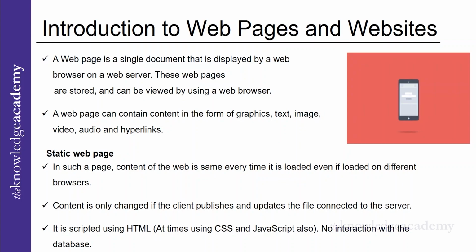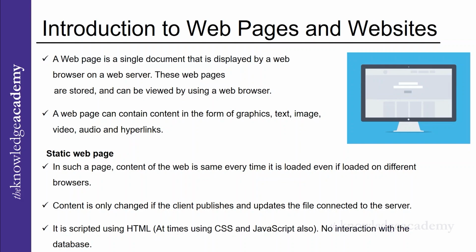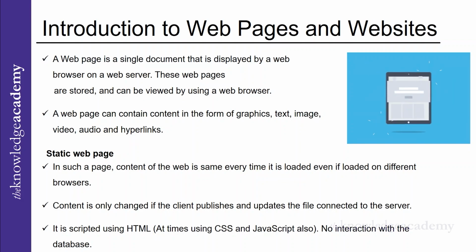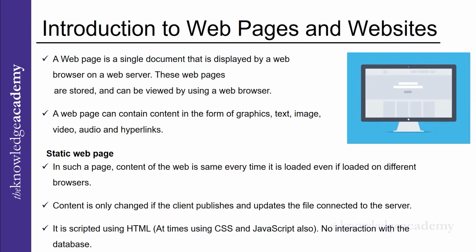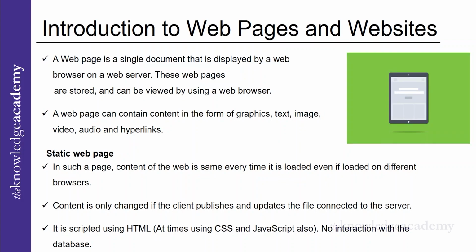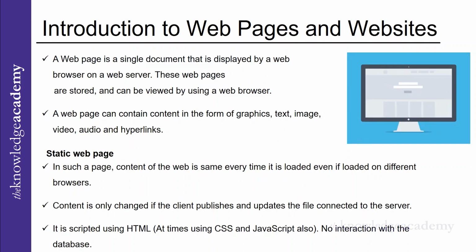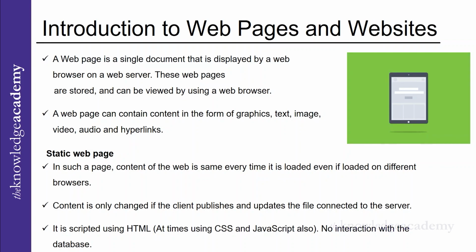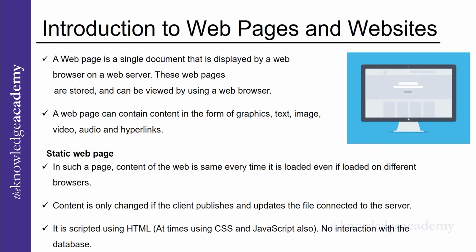A static web page is such that the content which exists within this web page, like I said before, text, image, video and audio, a static web page would contain all of that. But the content of the page is the same every time it's loaded, even if it's loaded on a different browser by different users. A person using a static web page, suppose in the eastern part of the world, will see the same content that a person in the west part of the world would see.